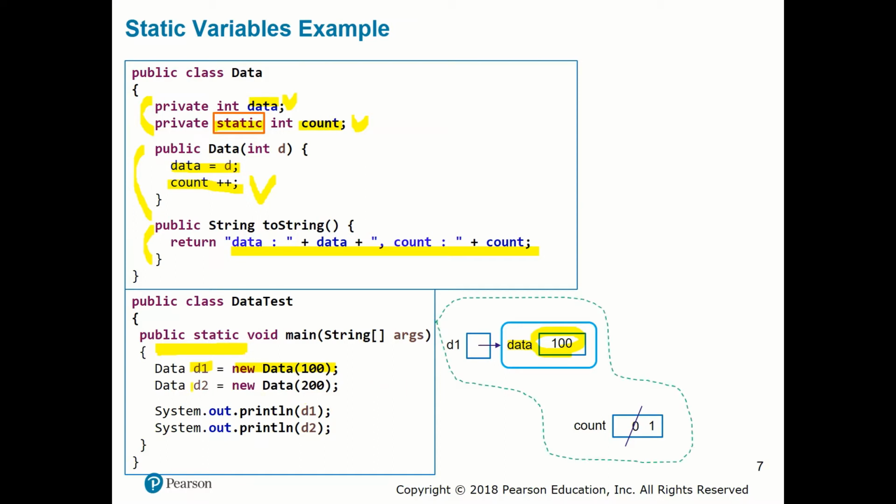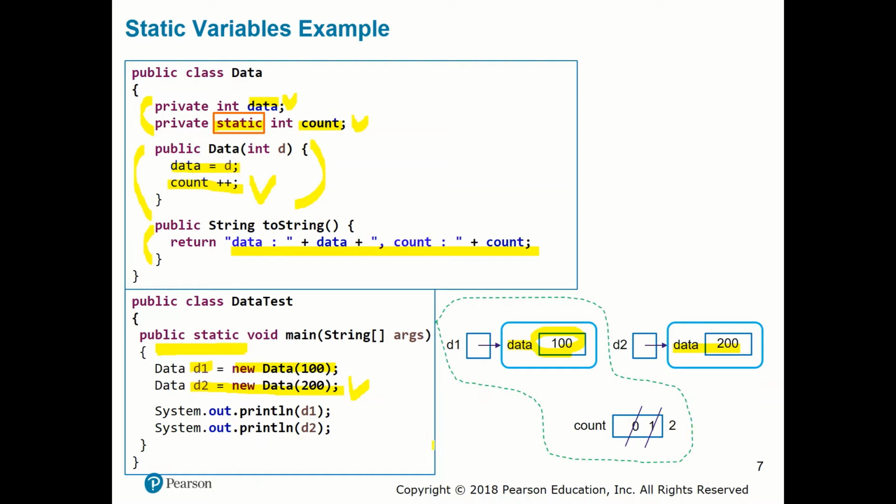Now D2 is created. So at this line, the constructor will be called. D2 is created like this and the data member is 200. And count is incremented by 1. So count becomes 2, right?